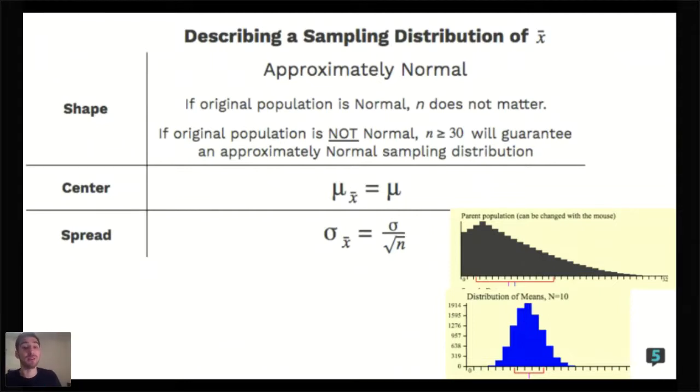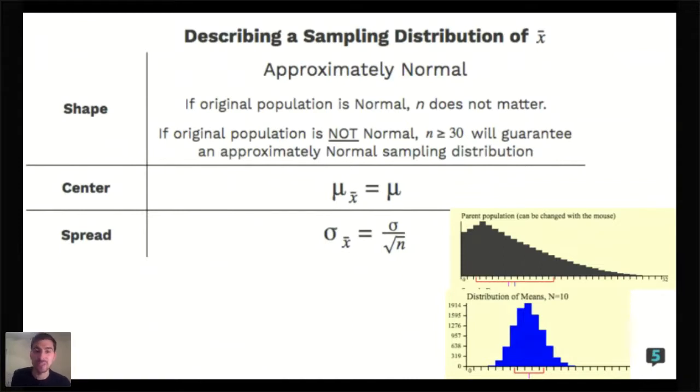And if the original population is not normal, like we had a skewed distribution population you can see on this one, if the sample size is at least 30, that's widely accepted by statisticians as good enough to say that you'll get an approximately normal sampling distribution. That's a large enough sample, large counts, to guarantee that the sampling distribution of x bar will be approximately normal. Not the same magic number as with p hats. With p hats, the magic number was 10. We'll go over that in a little while.